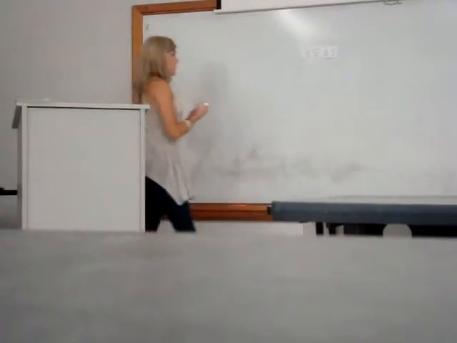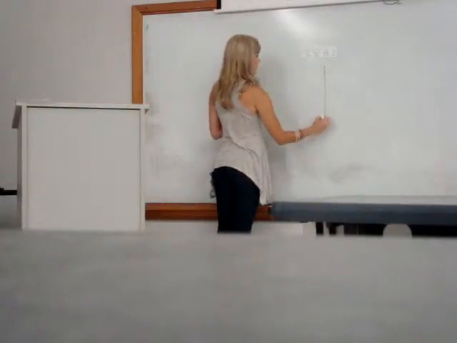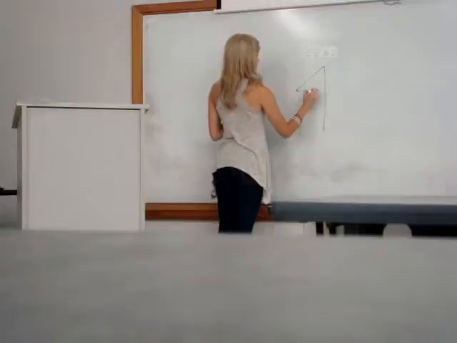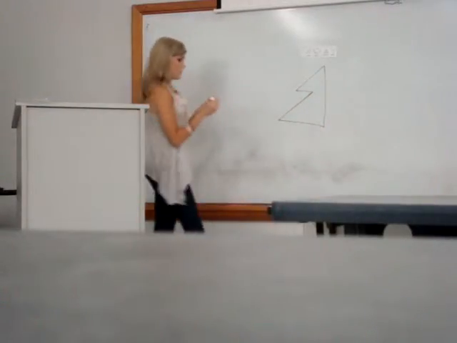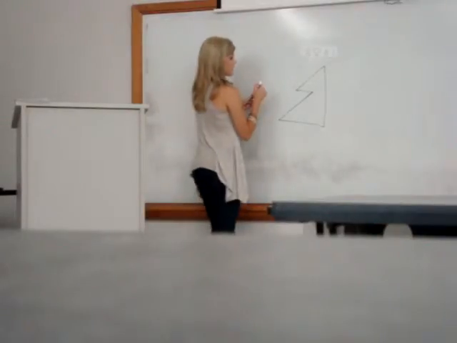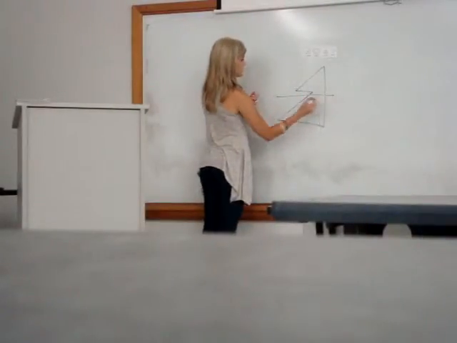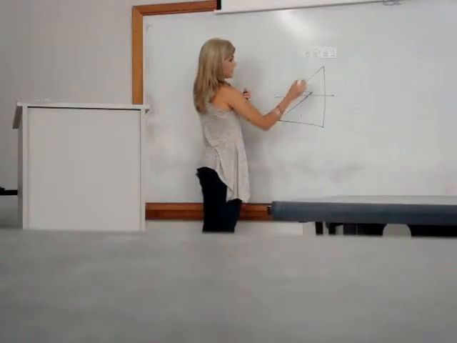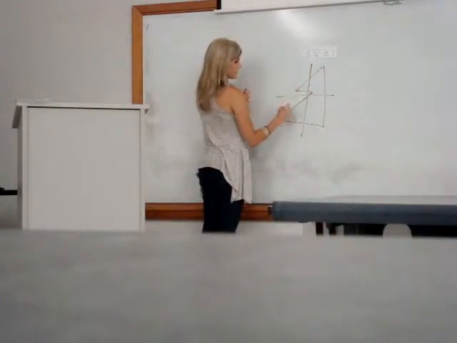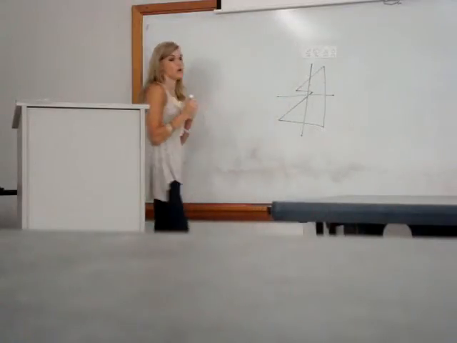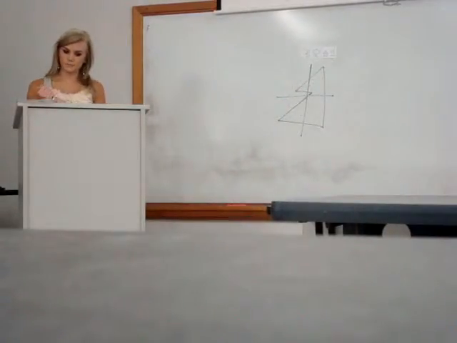Let me make this a little bigger. We can see that if we make a line going like this, this side does not match this side. And if we make a line going straight down, it does not match. This side does not match this side either. So there are no lines of symmetry in this picture.